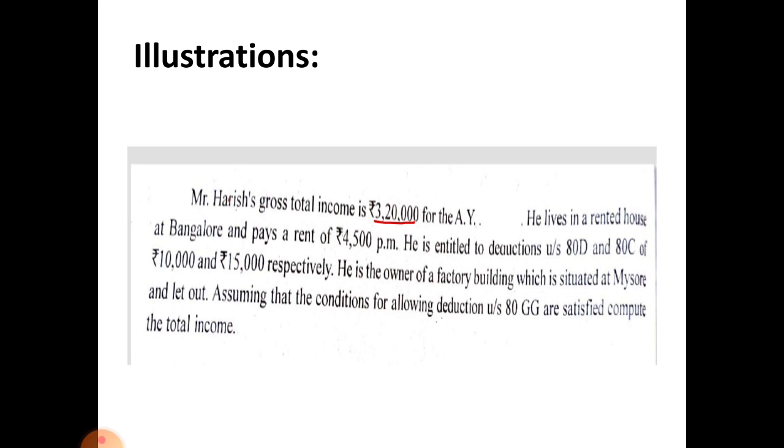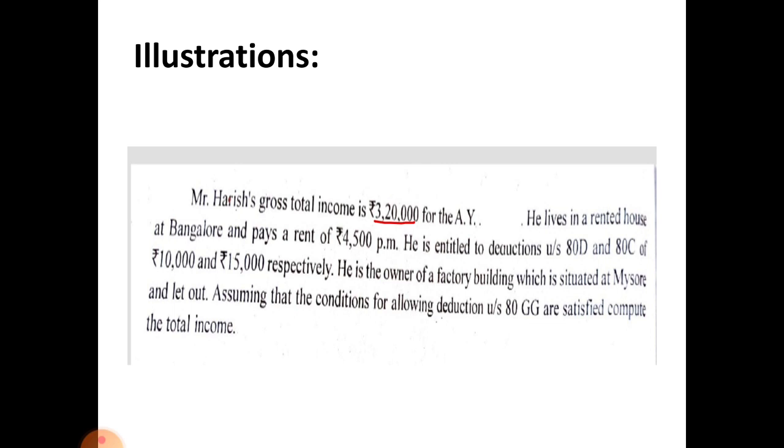He is the owner of a factory building situated at Mysore and let out. This information is not relevant in this problem because no deduction is claimed on it. Next, assuming that the conditions for allowing deduction under section 80 GG are satisfied, because here Mr. Harish is living in a rented house at Bangalore and 80 GG relates to rent paid on a rented house.